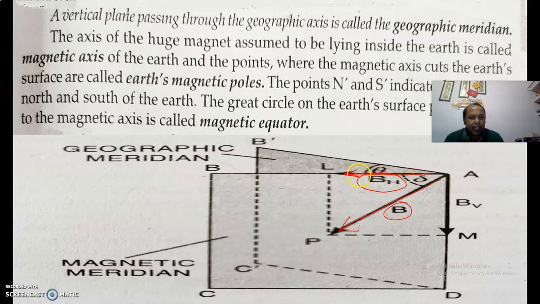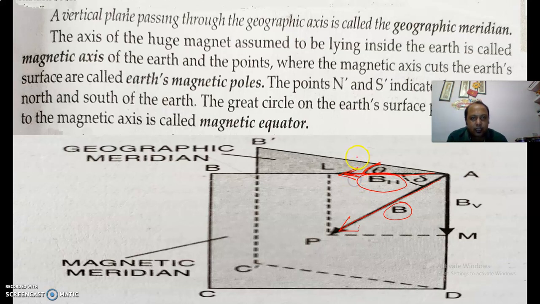Whereas the angle which the magnetic meridian makes with the geographic meridian at a particular point, which is given by theta here, represents the angle of declination. So we need to understand that when you have a magnetic needle which is free to move in the horizontal plane only, it will show this direction.